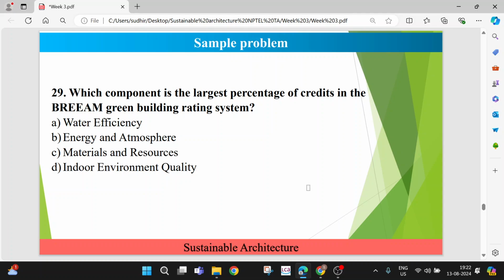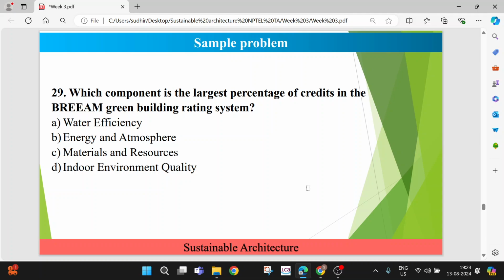Okay. For this question number 29, B is the right answer in the BREEAM rating system. When you look at the last lecture of week 3, that is lecture 15, you will find different building rating systems defined and discussed, and which rating system, based on the region, climate condition, and the policy of the government, gives weightage to which departments.